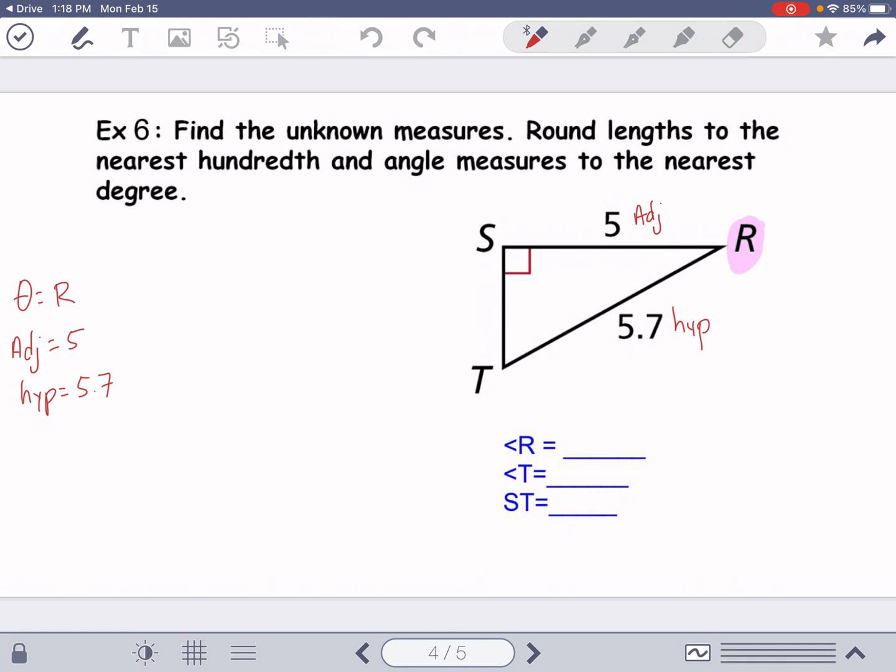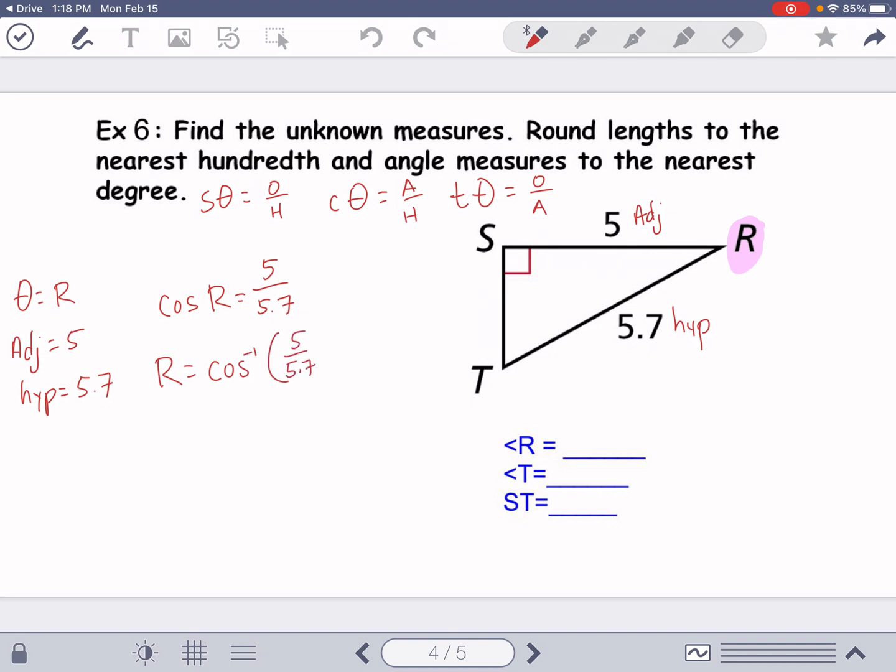So let me think back to what I've got. Sine is the opposite over the hypotenuse. Cosine is adjacent over hypotenuse. And tangent is opposite over adjacent. I've got the adjacent and the hypotenuse, so I'm going to have to use the cosine. Cosine of r is 5 over 5.7. So to find r, I use the inverse of cosine, 5 divided by 5.7.